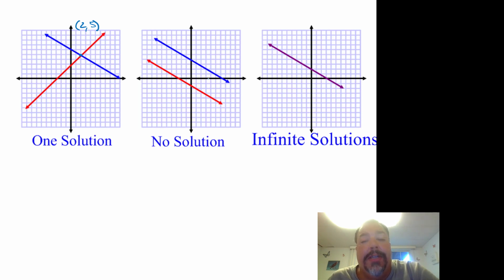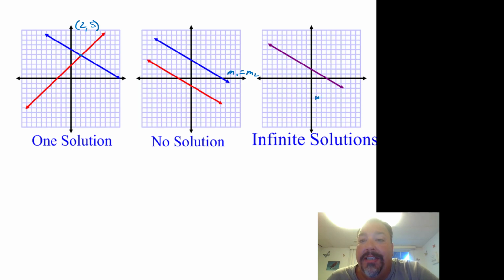Now, if two lines don't cross at all, that means they must be parallel. In order for them to be parallel, the first slope and the second slope have to be the same, and they're going to have different y-intercepts. In that case, we write no solution. The third case is that the two lines, which might not seem like the same line because they're not written the same, are actually the same line.